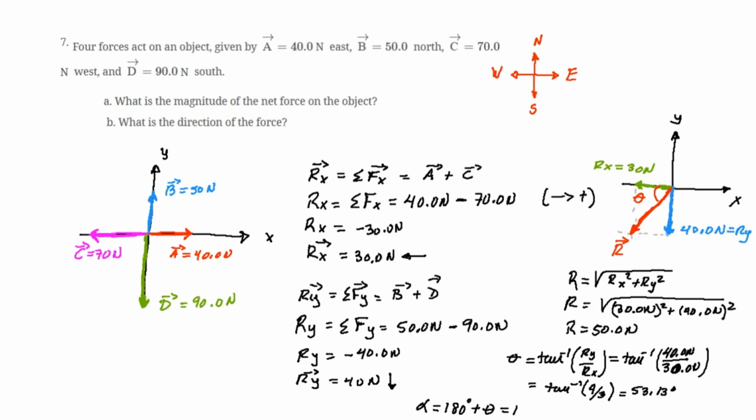So it would be 180 degrees plus 53.13 degrees, which is 233.13 degrees. Alpha would be an angle that you would measure like this, from the positive x-axis to R. So that angle alpha is 233.13 degrees.